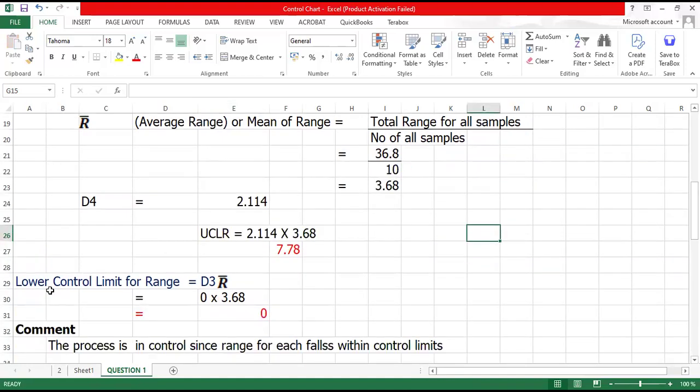So you can also go ahead and get the lower control limit. Examiner said you compute the upper control limit and the lower control limit. The formula for the lower control limit is D3 times the average range. And D3 is what? D3 is 0.